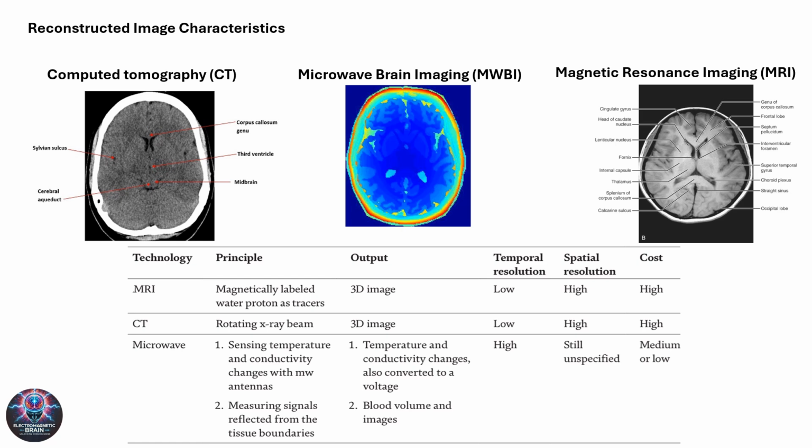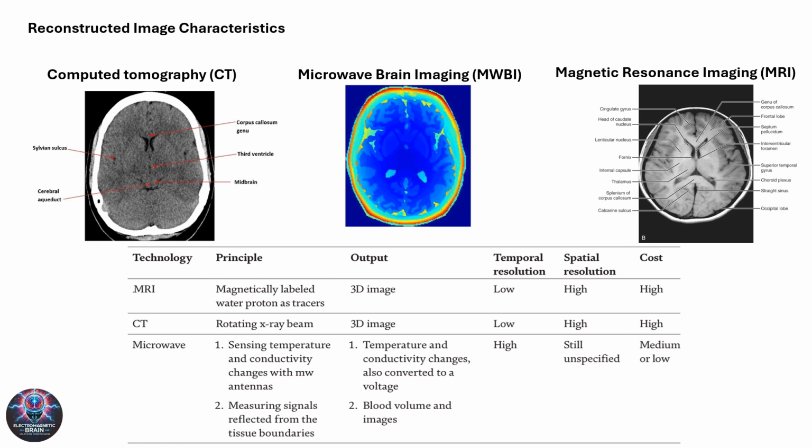To summarize, the interplay between electromagnetic fields and human tissues underpins the power of these imaging technologies. MRI uses radiofrequency fields and strong magnets to create non-invasive, high-resolution images. MWBI leverages changes in temperature and conductivity for portable and safe diagnostics.